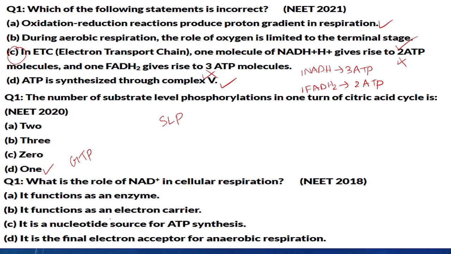It functions as an electron carrier. It is a nucleotide source for ATP synthesis. It is a final electron acceptor for anaerobic respiration. NAD mainly acts as an electron carrier. Option B is correct.